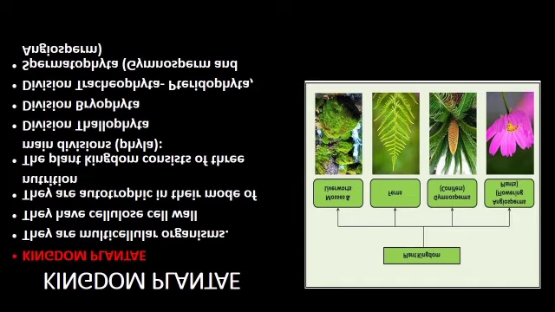Now, the next division which I will talk about is tracheophyta. Tracheophyta means plants that have structures for transporting minerals and materials within them. They have vascular bundles. When we say vascular bundle, we are looking at structures like the xylem and the phloem.